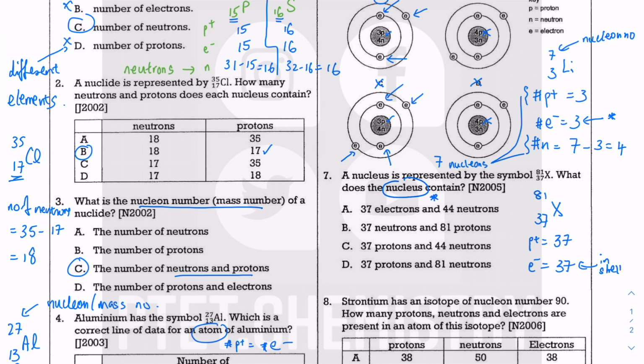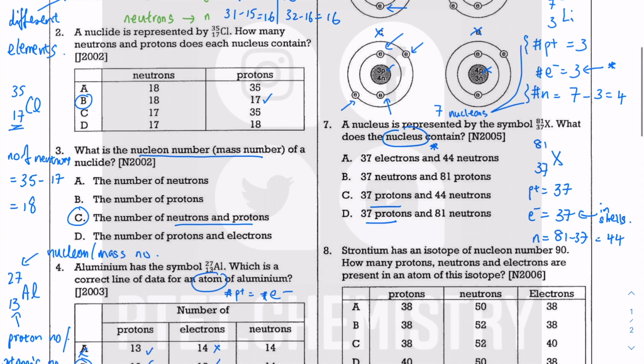They are outside. So how many neutrons do I have? Mass number or the nucleon number, take away the proton number. 81 minus 37 is 44 neutrons. So I have 37 protons and I have 44 neutrons.